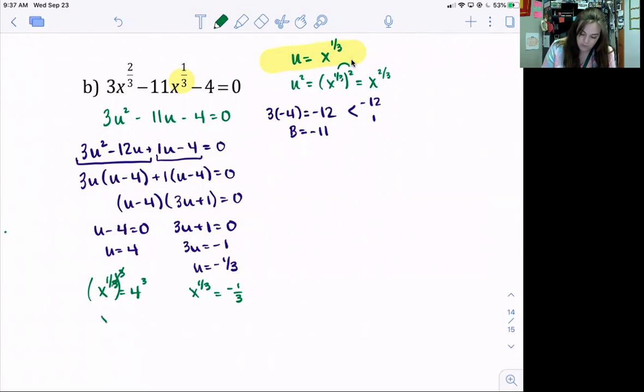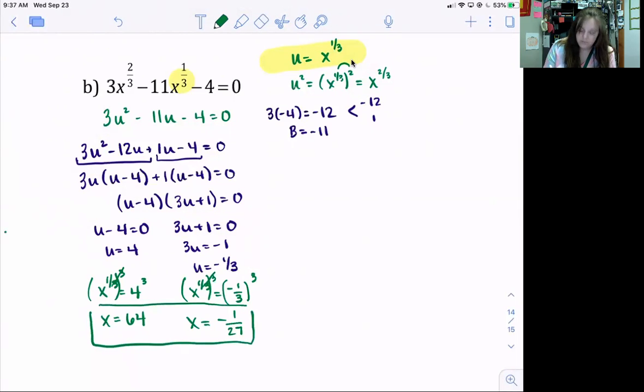So x equals 4 cubed, which is 64. And then if we cube again, we get x equals negative 1 cubed is negative 1, and 3 cubed is 27. And there's our two solutions.